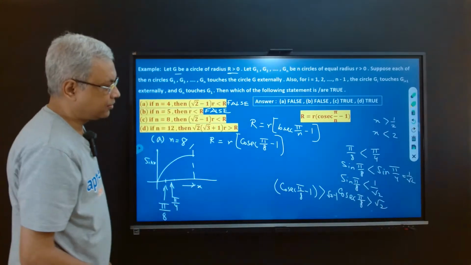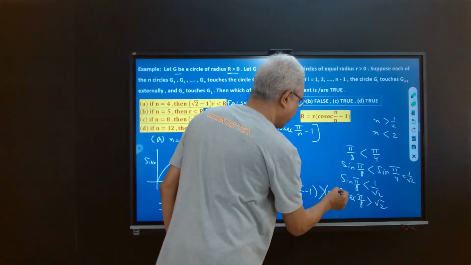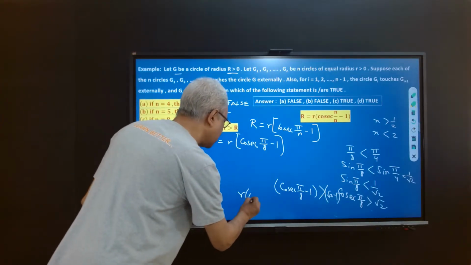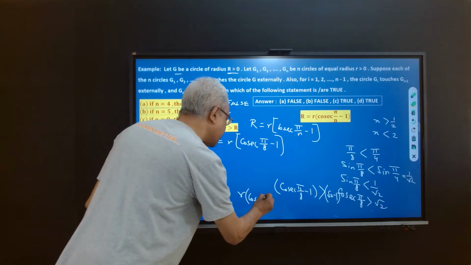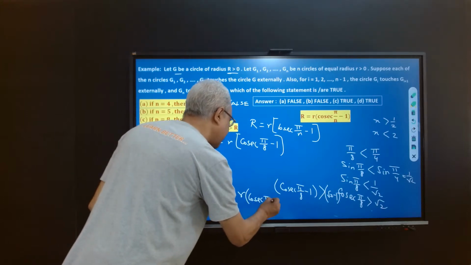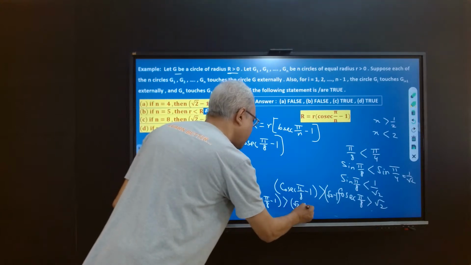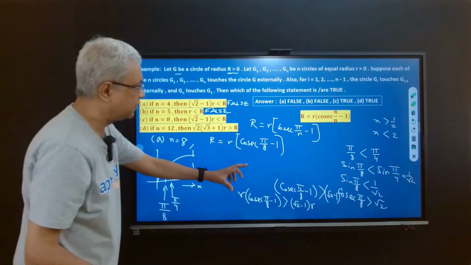And then r times cosec pi by 8 minus 1 must be greater than root 2 minus 1 times r.